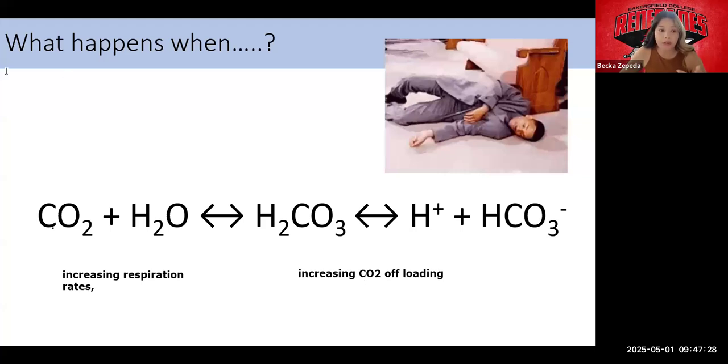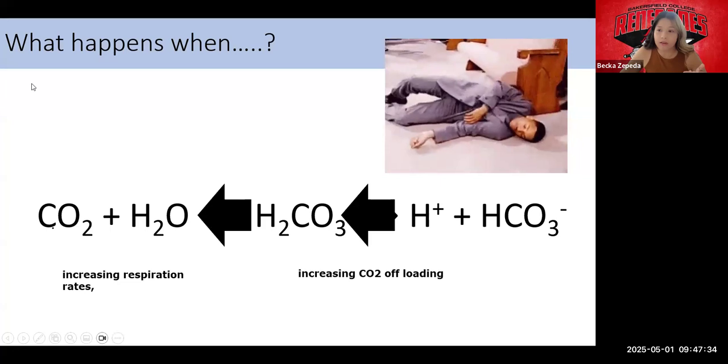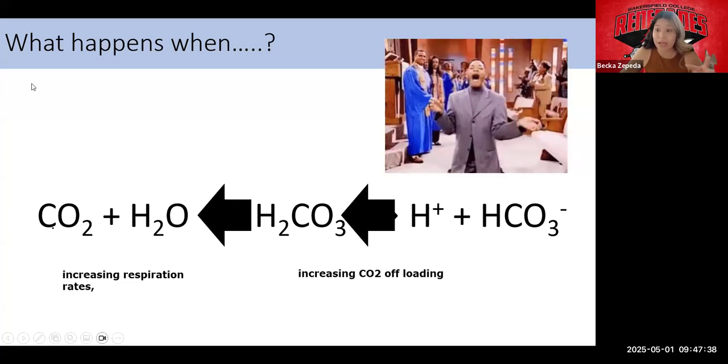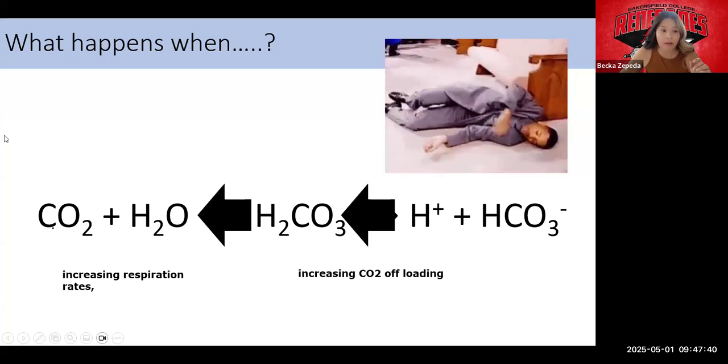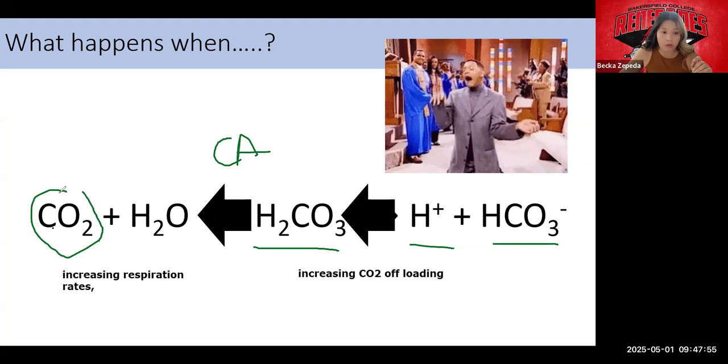When you're getting rid of a lot of CO2, you are forcing this equation to the left in order to make those CO2 molecules to get rid of. And so how you do that is you are combining bicarbonate with hydrogen ions to make carbonic acid in order to convert that with the help of carbonic anhydrase to make more CO2 molecules that you can get rid of.